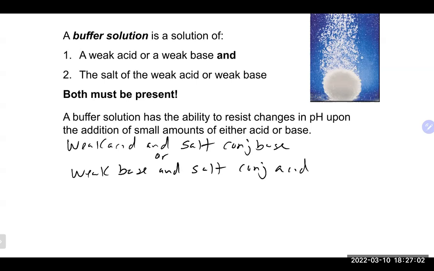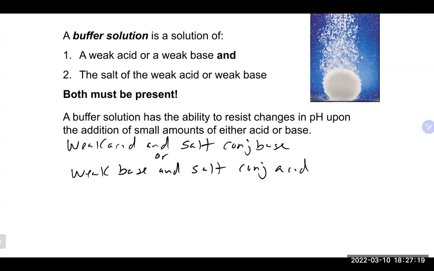So what do we mean by salt? It has a spectator ion. Like the previous problem was potassium formate, right? So that is the salt of the conjugate base. The problem before that was sodium acetate. It has a sodium ion. That is the salt of its conjugate base. That's what the salt part means.